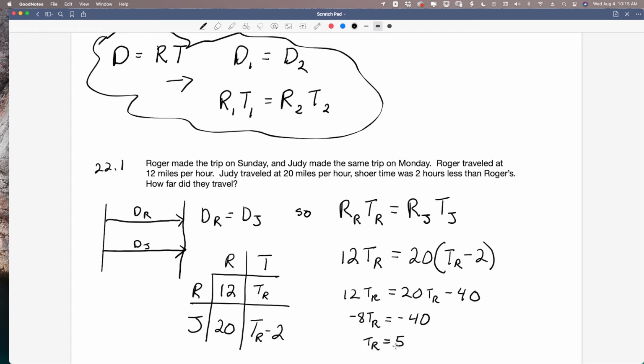Now we know how far they traveled because distance is rate times time. If TR is equal to 5, we can say 12 times 5 is the distance.